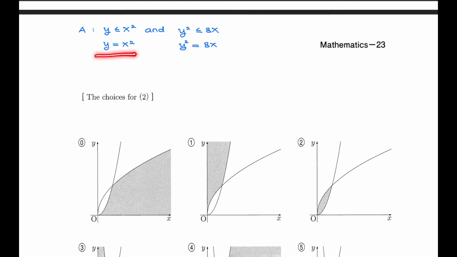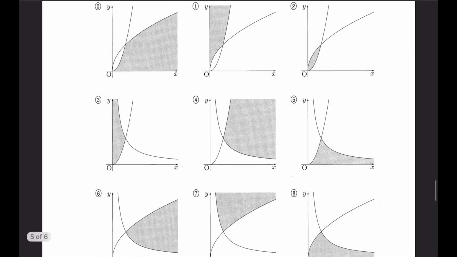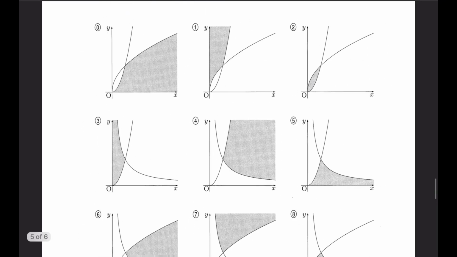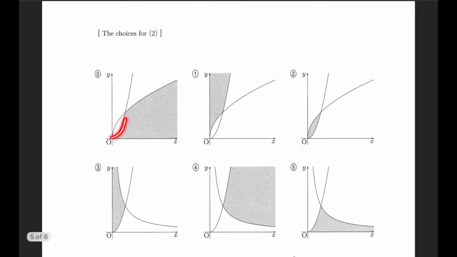y equals x squared: the shape of this graph is a parabola. So from these choices, I already know that y equals x squared is this graph. This is y equals x squared.